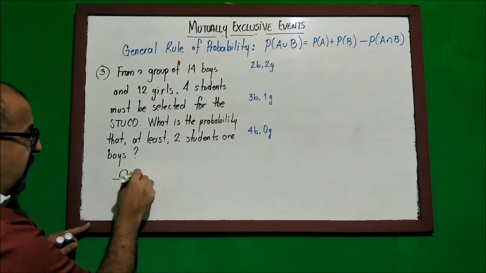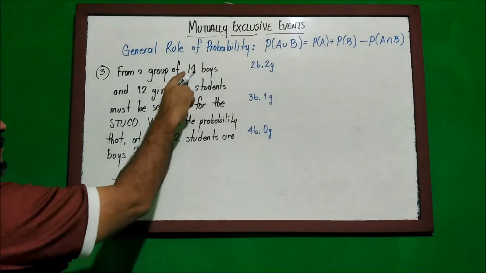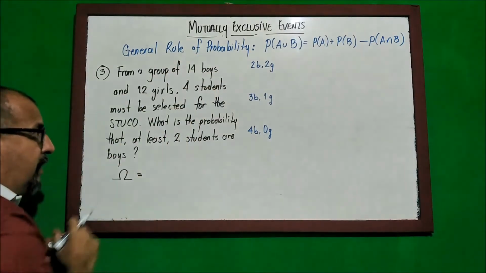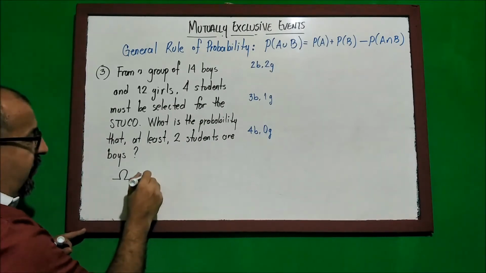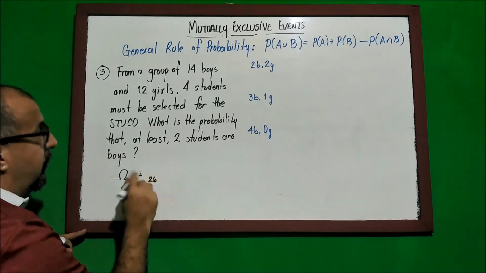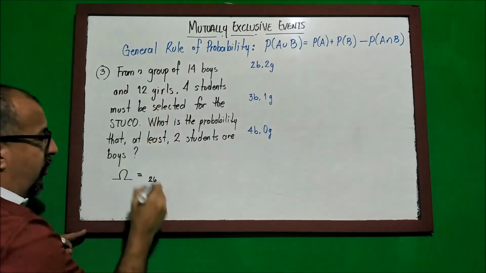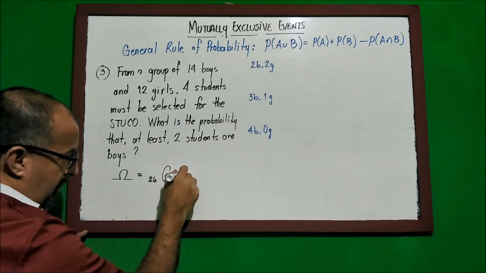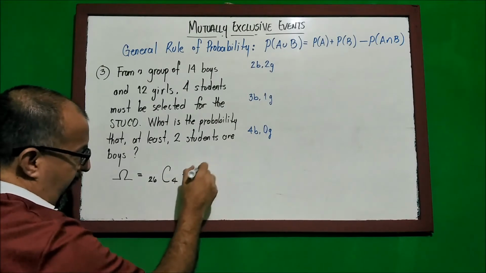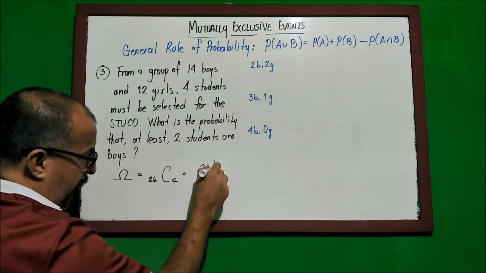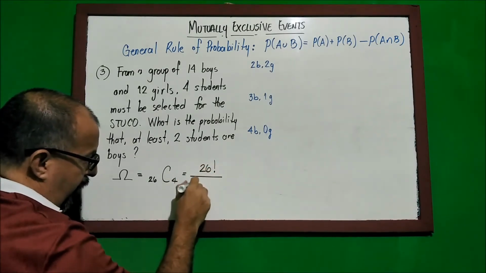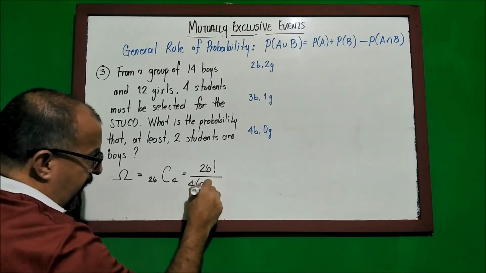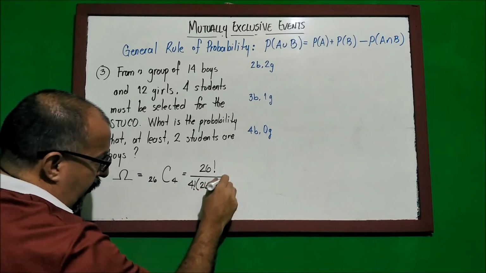The sample space indicates that if I am going to choose 4 students from this bunch of students that I have in here, I'm going to have 26, because it's the addition of 14 and 12, combination 4, with the formula being 26 factorial over 4 factorial times 26 minus 4 factorial.